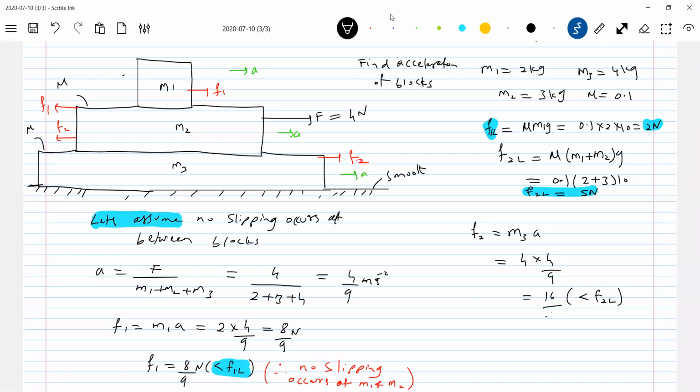How much will you get? This will be around 1 point something, no? So what is the conclusion now? Therefore, here also, no slipping occurs at M2 and M3.